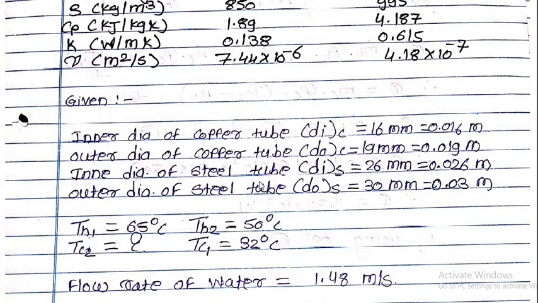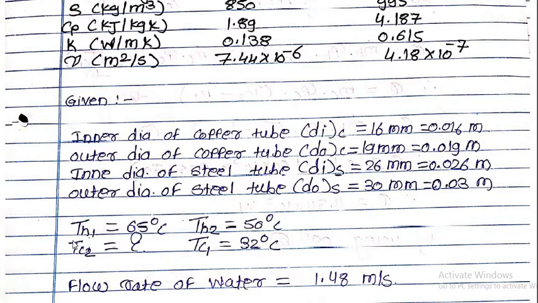Then inner diameter of steel tube is provided, di suffix s, s for the steel tube, equal to 26 mm equal to 0.026 meter. Then outer diameter of steel tube, d naught suffix s for the steel, is equal to 30 mm equal to 0.03 meter.